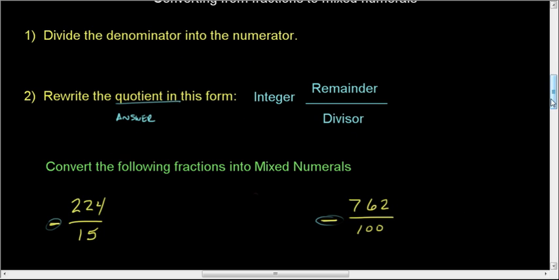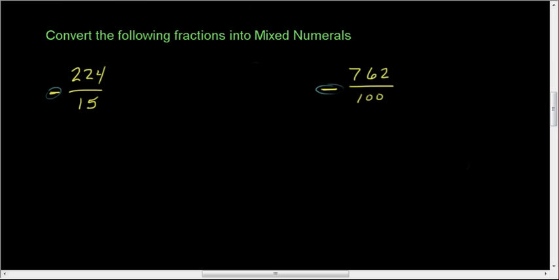So, step one, we divide the denominator into the numerator. The easiest way to do this is go ahead and rewrite this, unless you happen to know what the answer is. And if you do, well, good for you. I don't. I'm not that good, so I'm going to take 15 and divide that into 224.